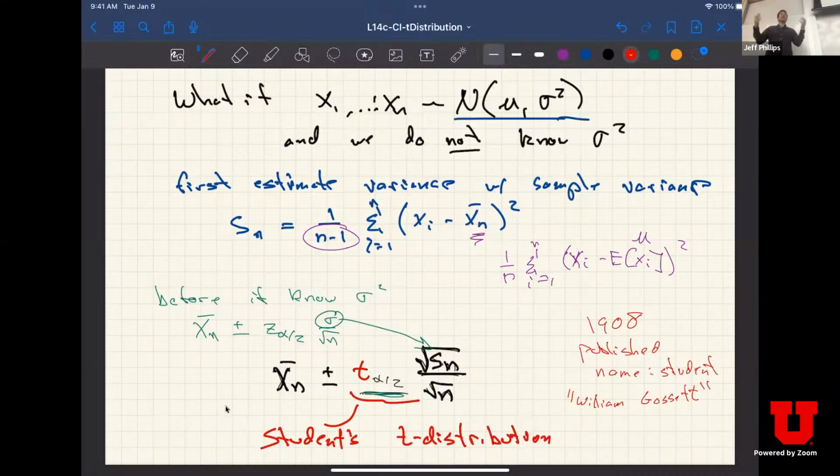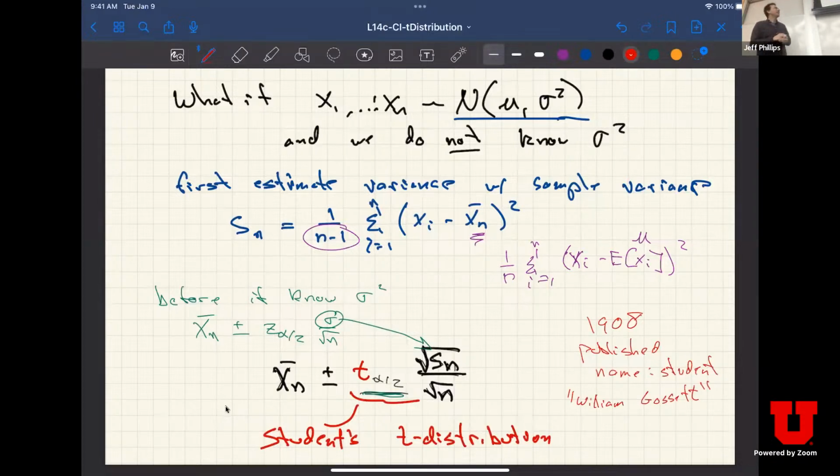It was a science, as I think it still is today. You have to test stuff, get the proportions right, and he wanted to figure out how confident to be in various parameters based on some tests. He worked out this distribution and said, look, this is the right way to do it. You can't use the real variance, you have to use the sample variance instead, and that changes this distribution slightly.